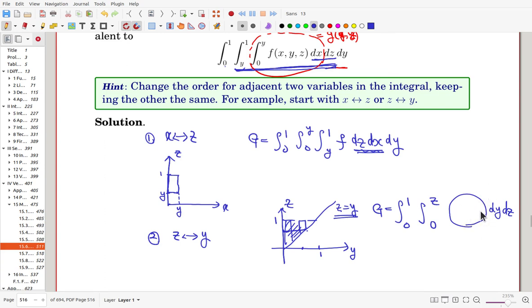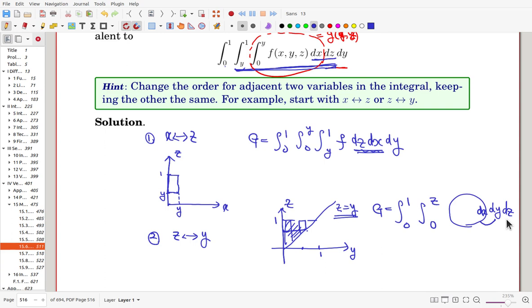Of course, the inside we have dx. So we have the order xzy, then zxy, and xyz. And after doing this, if you now change these two again, then we'll have yxz. In this way, by changing adjacent variables, you can get a new order of integration, so you can eventually get all 6 of them.